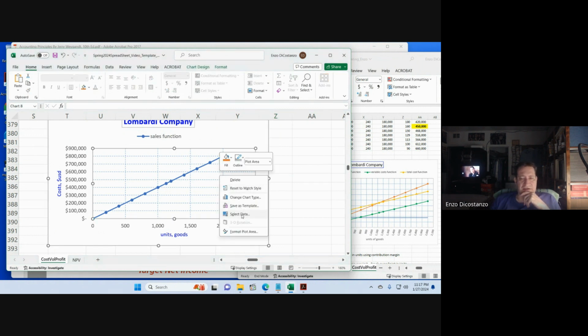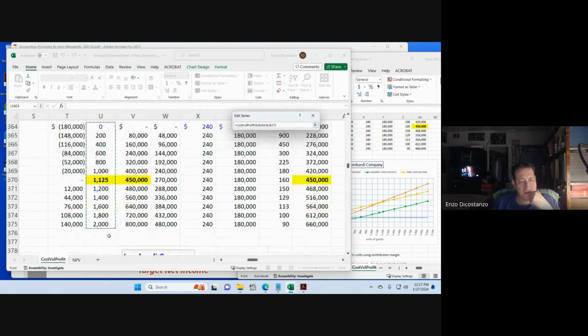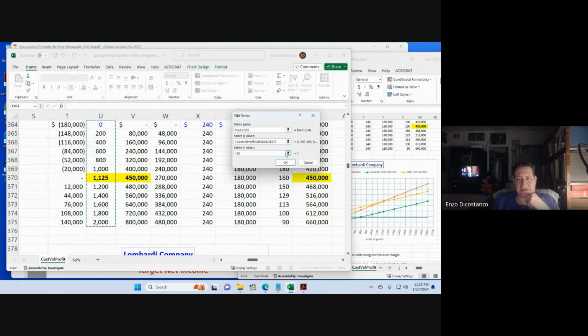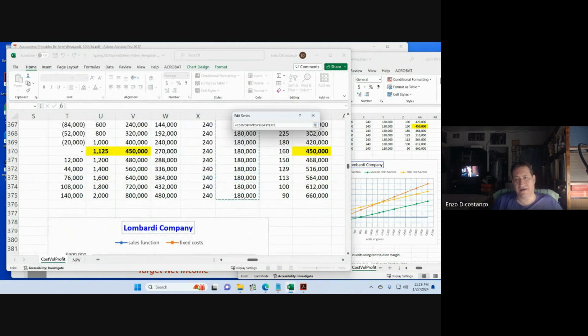Right click, Select Data, and you want to add. Let's do fixed costs. That's the x-axis, and this is y.